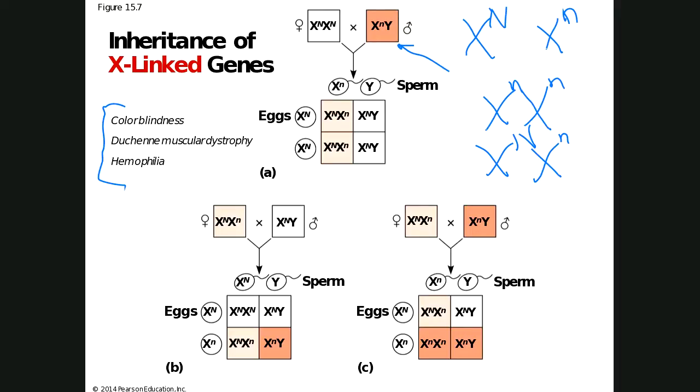So again, why is that male colorblind? That's true, but concentrate more on the individual itself. Concentrate more on that guy in the block. Why is he colorblind? And the females that only have one recessive allele, these down here, why aren't they?